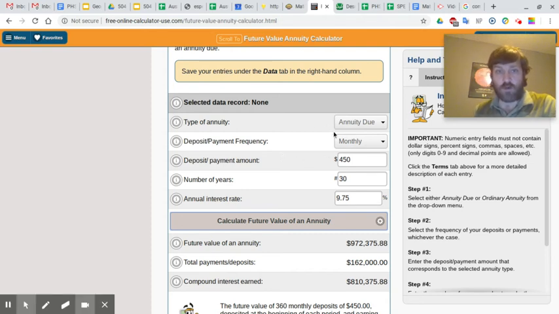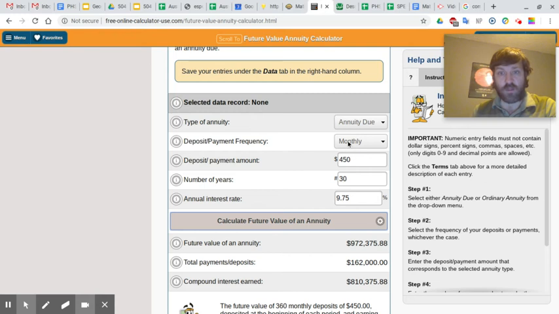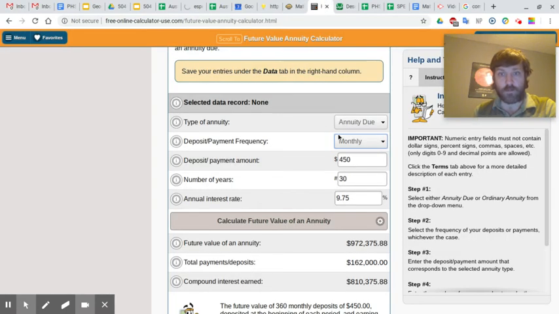So we're going to do the deposit amount, which in this problem was $450 per month. So it's monthly, so I choose that it's monthly payments. He's putting in $450. He is earning 9.75%. That's what goes right here, 9.75%. And we're going to know how much in 30 years.